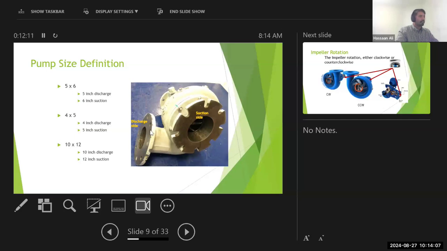So in this case, this is your 5-inch discharge. And the next number, which is 6, is your suction side, which is your eye of the pump. So just something to keep in mind: whenever the manufacturer is talking about these two digits, he's just talking about the discharge size and the suction size.